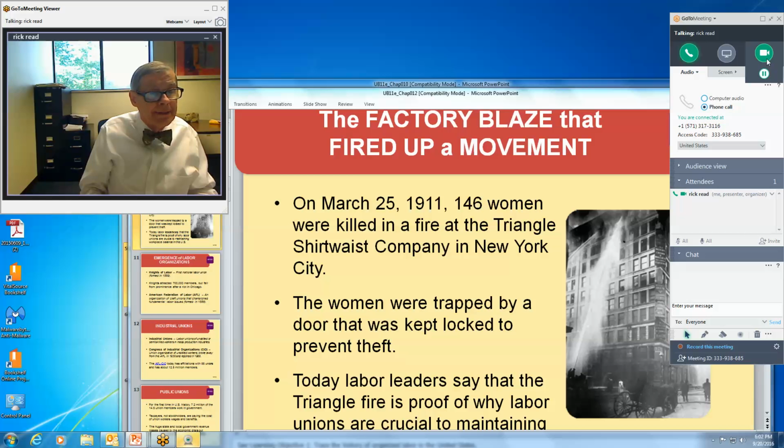Labor unions say they were critical in maintaining safety regulations. And actually, if we didn't have unions, we wouldn't have the Occupational Health and Safety Administration. A lot of people complain about them, but safety in the workplace, I mean, why wouldn't you want it?